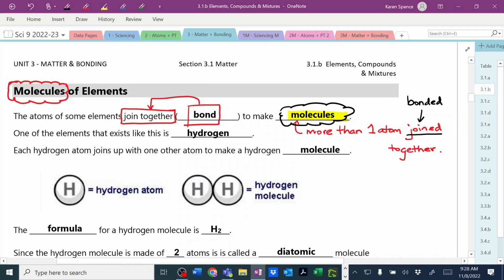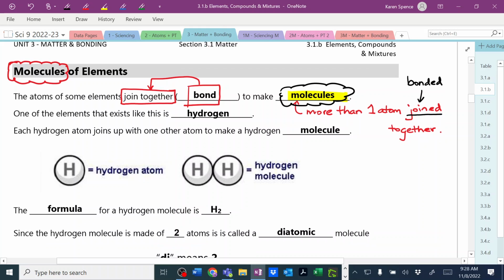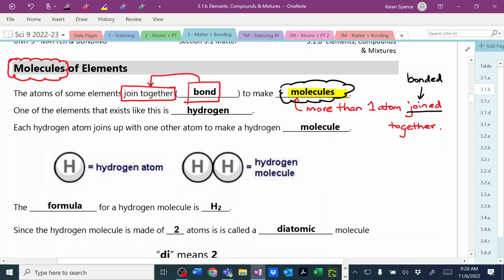So for example, here we have hydrogen. And in nature, hydrogen doesn't float around as one little hydrogen atom. There's hydrogen in the air right now, but it doesn't look like this.